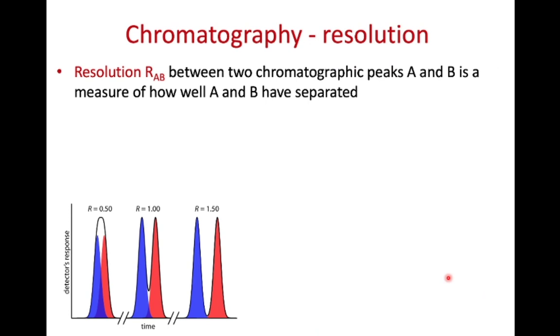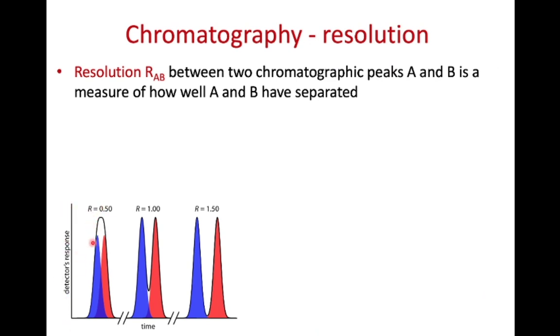Looking at chromatography resolution, resolution is known as RAB, between two chromatographic peaks A and B, which is a measure of how well A and B have separated. We can see here the detected responses and the peaks.